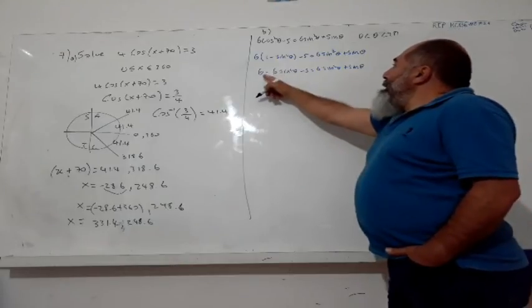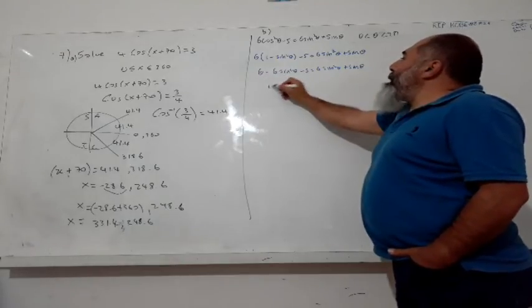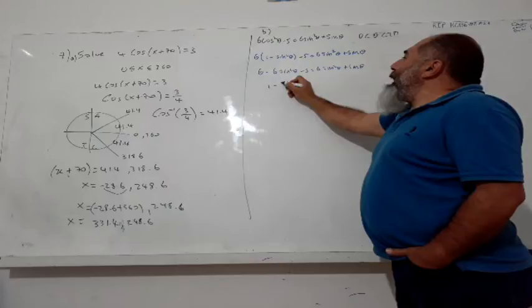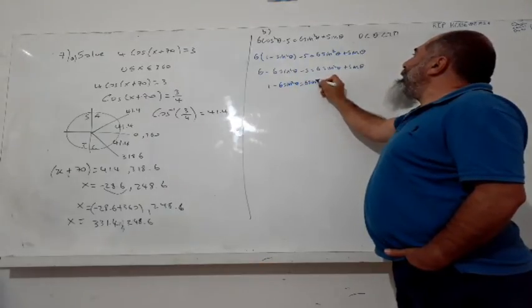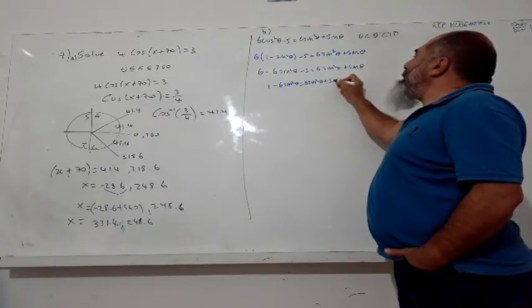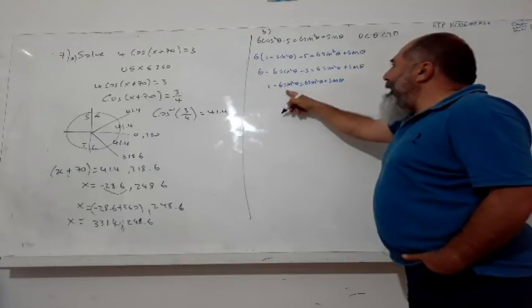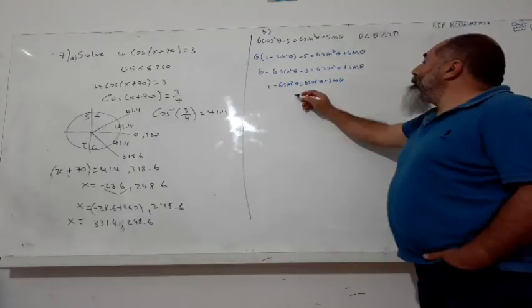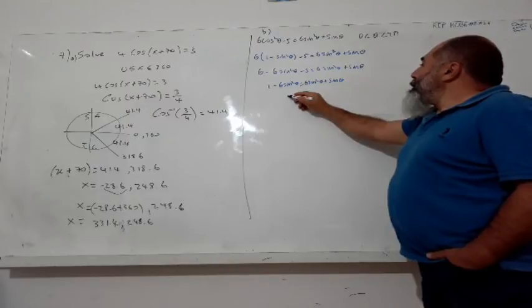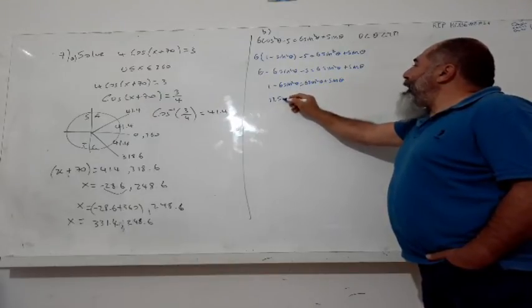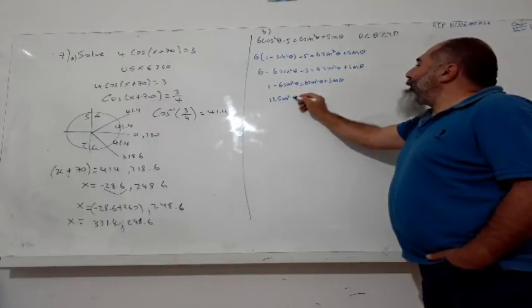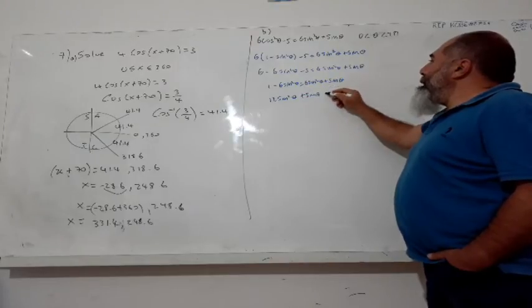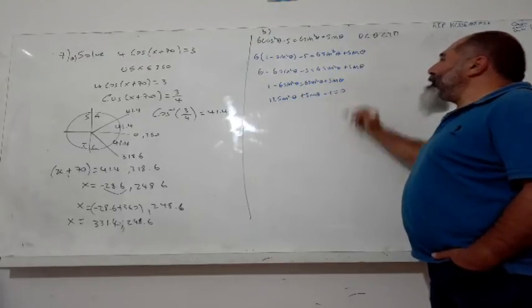Take everything to the right hand side. So 12 sine squared theta plus sine theta minus 1 is equal to 0. So say that x is equal to sine theta. 12x squared plus x minus 1 is equal to 0.